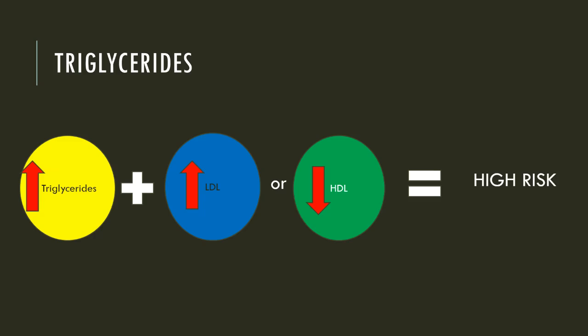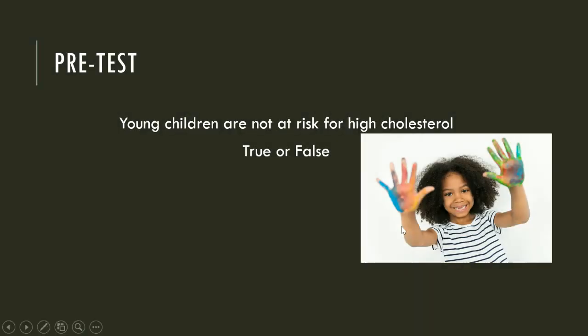A high triglyceride level combined with high LDLs or low HDL definitely will increase your risk of heart disease, heart attack, or stroke. So again, you want these two, the triglycerides and the LDLs, to be lower and for your HDLs to be higher to reduce your risk.